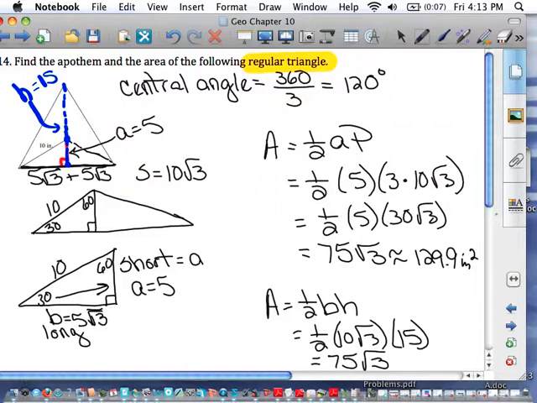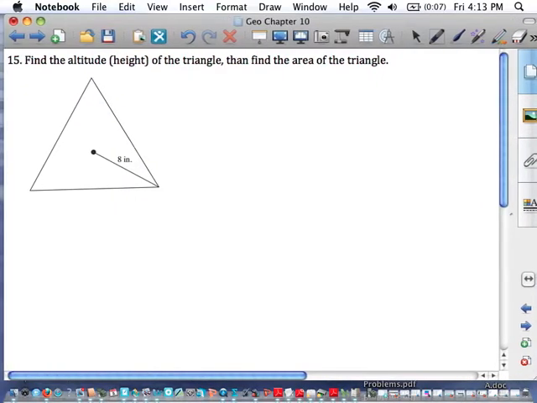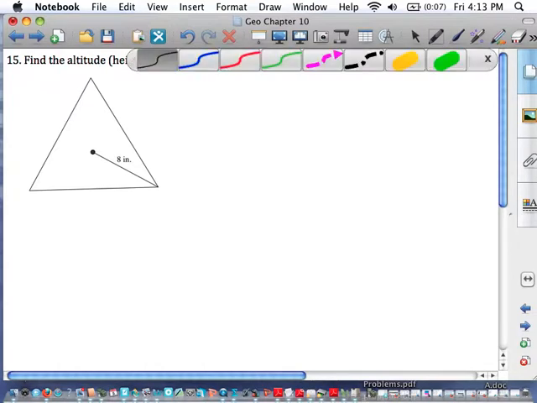The second requires you to remember that that is the centroid, and the centroid is 1/3 of the distance from the side of that median.